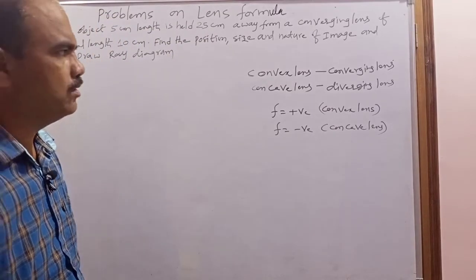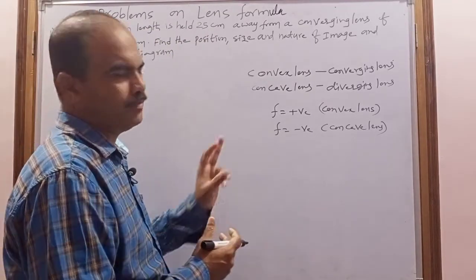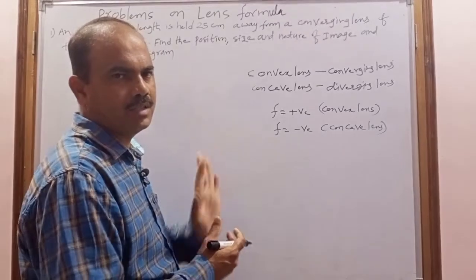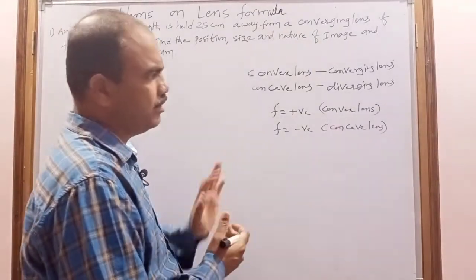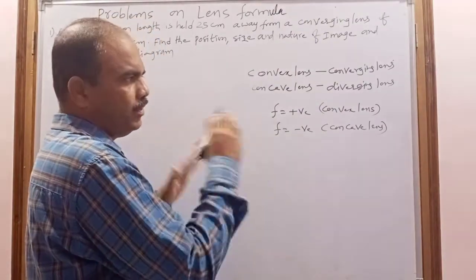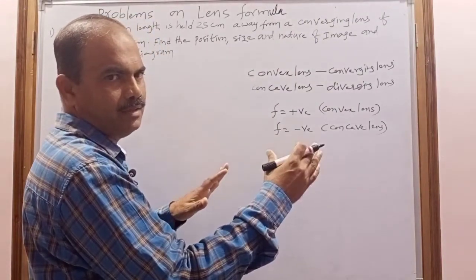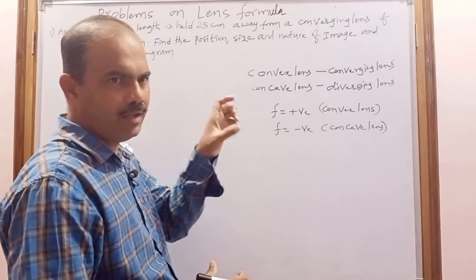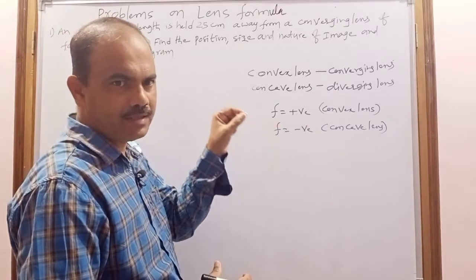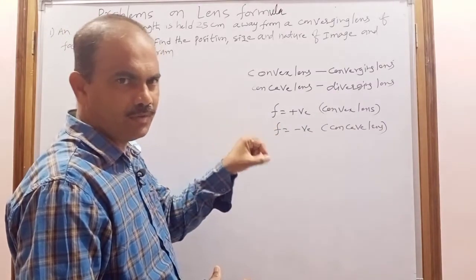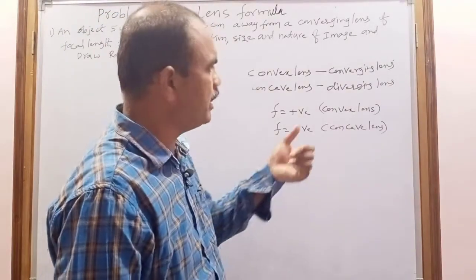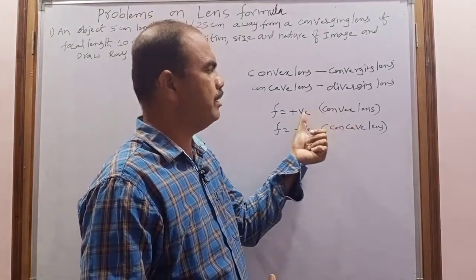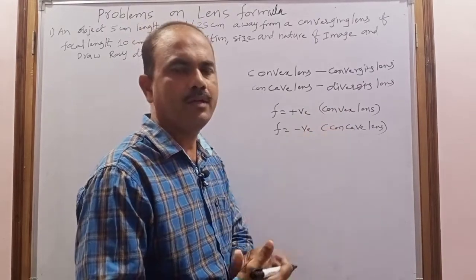Remember, because both have two focal points, you may get confused. Focus means the point after refraction where the refracted rays converge, so that focus you have to take. That is why the focus for a convex lens is positive and for a concave lens it is negative.